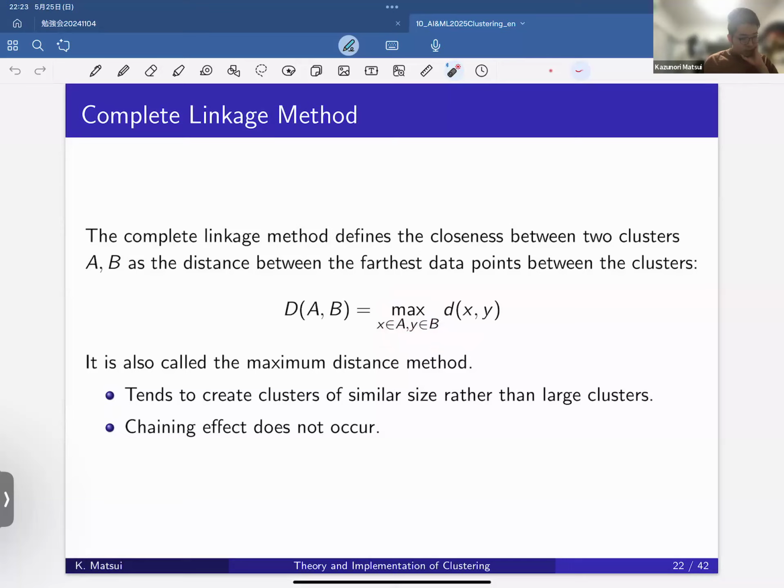Since it uses the furthest data, it is also called the maximum distance method. Unlike the single linkage method earlier, it tends to create clusters of similar size rather than large clusters. The chain effect from earlier does not occur.